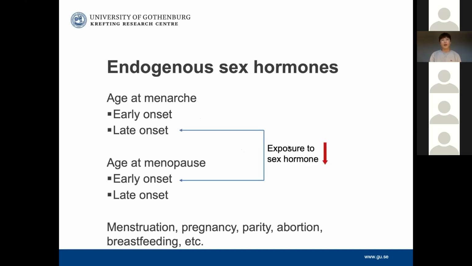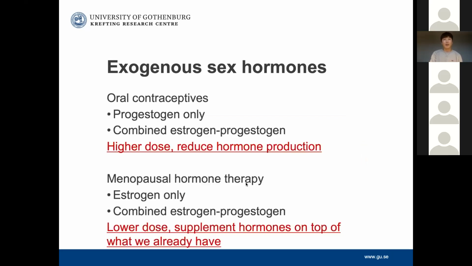For example, the longer women are in the reproductive phase, the more exposed they would probably be. For other factors such as menstruation, pregnancy, etc., these key hormonal periods or key events, women are also subject to some fluctuation or increased levels of sex hormones. So this is endogenous sex hormones.